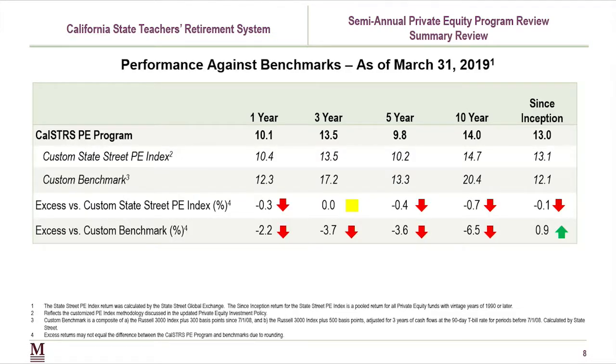Here we talk about the performance. As we can see here, the performance on an absolute basis has been quite strong. And since inception, there was a question from you, Ms. Miller, about what has been the long-term performance. The first investments done by CalSTRS in private equity were in 1998.